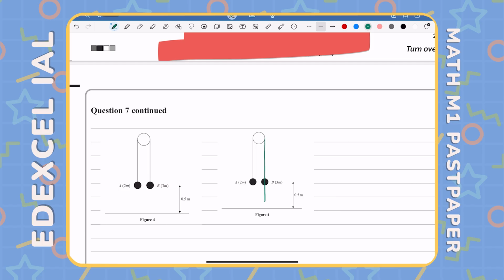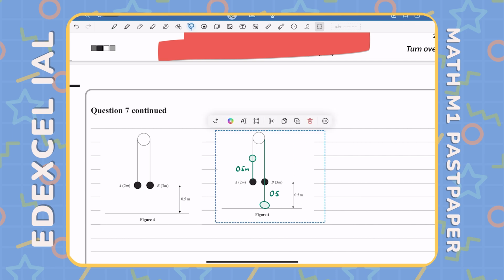B moves down. What distance? 0.5 meters, obviously, because it was 0.5 meters above the ground. And what happens to A? A will obviously move 0.5 meters further above. That means now it is a total of 1 meter above the ground.